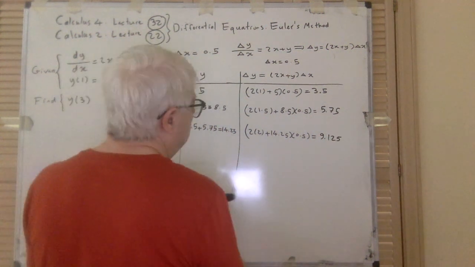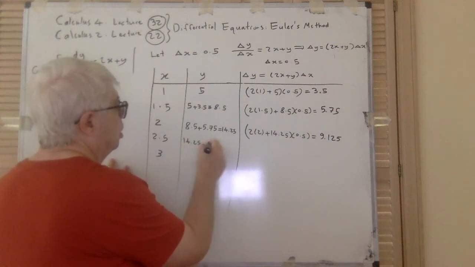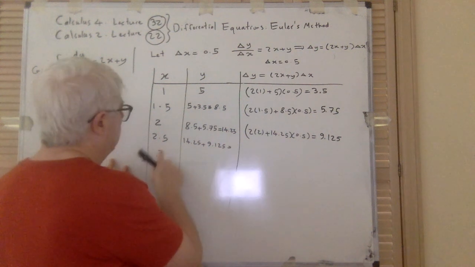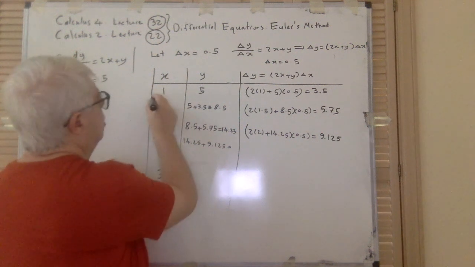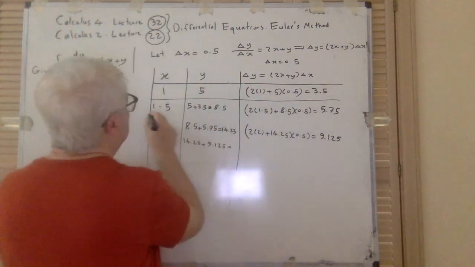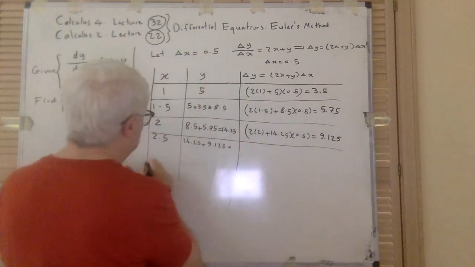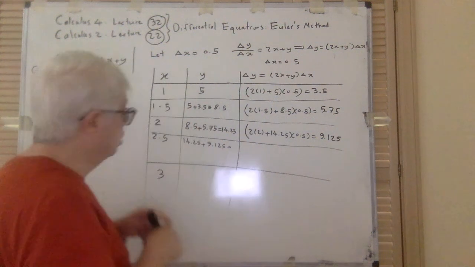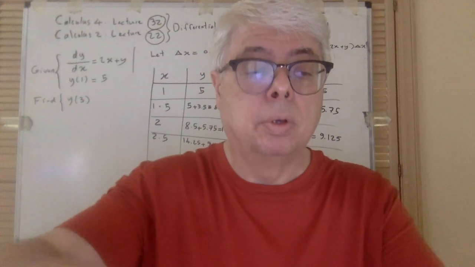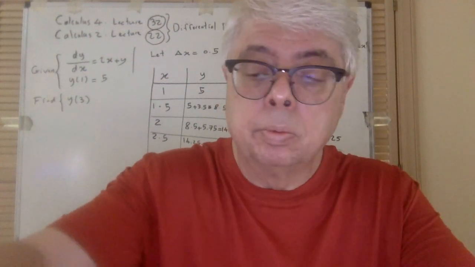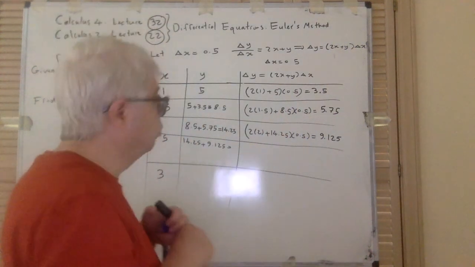So this one will be 14.25 plus 9.125, and that equals, so let me write this below here. Then put some lines separating them. So that is 14.25 plus 9.125, that's 23.375.